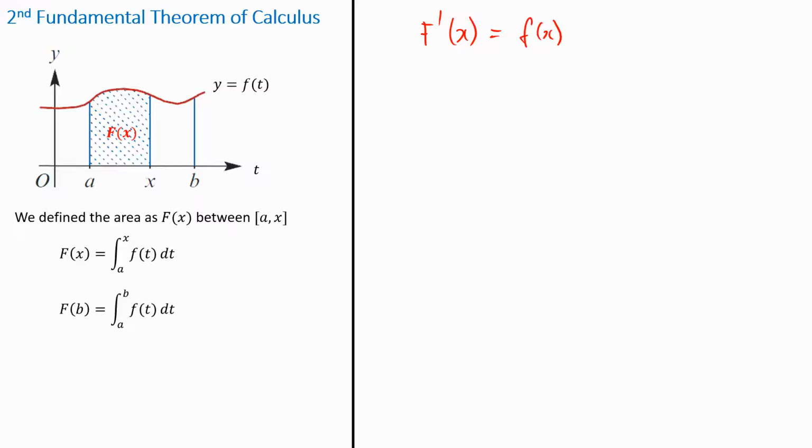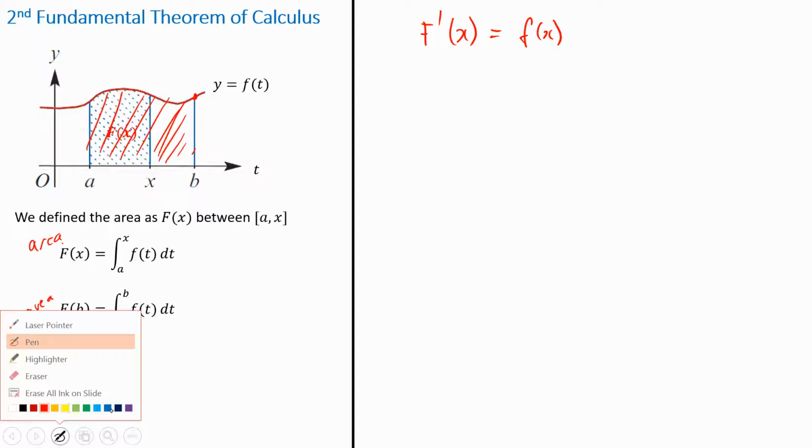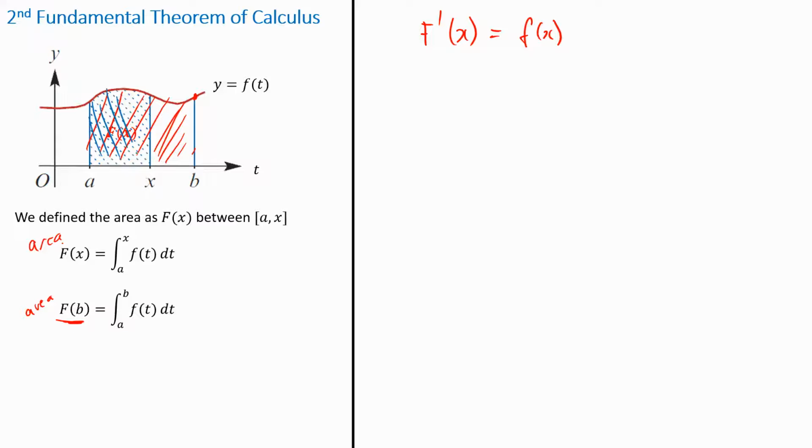that means if I subbed in b, so let's choose another point, so this is b, then f of b means the area up until b. Whereas f of x is the area for the blue region, which is here.